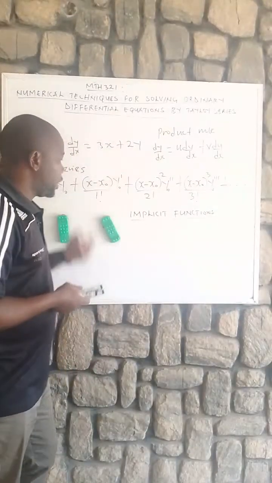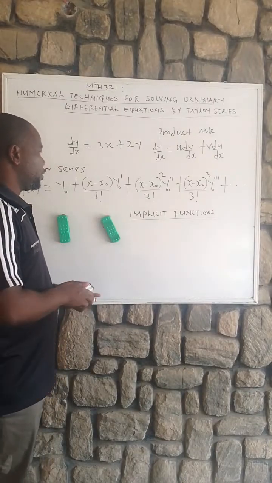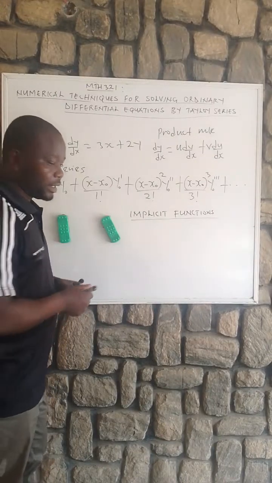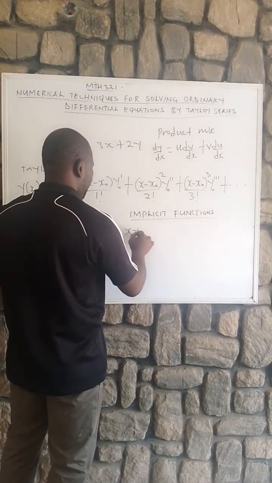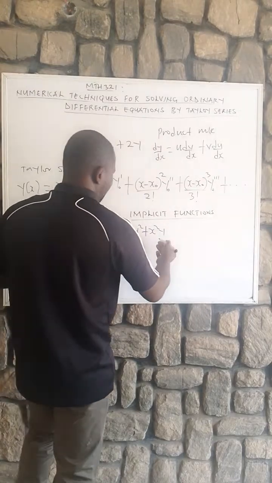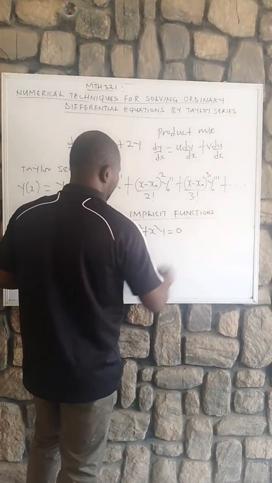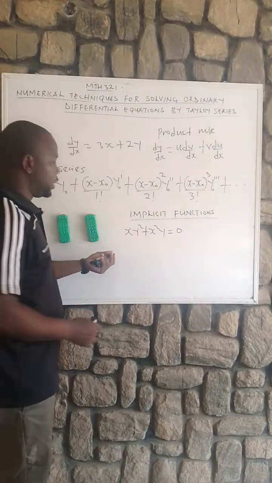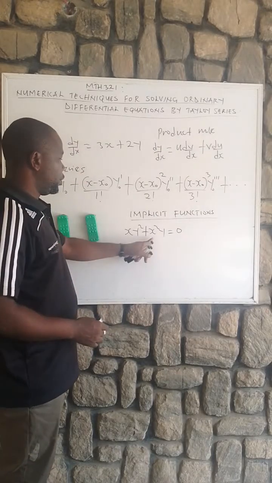And implicit functions, you know very well, are like this one: x y squared plus x squared y, let's just say equals to 0, and you are asked to find dy over dx. True or false?